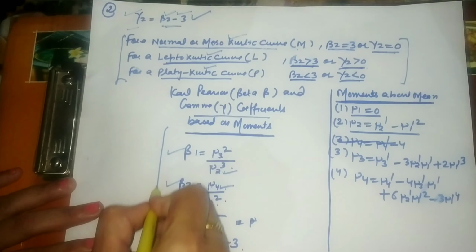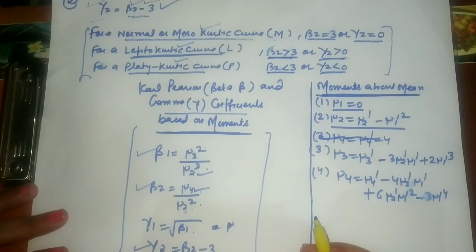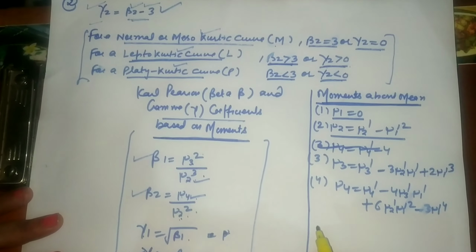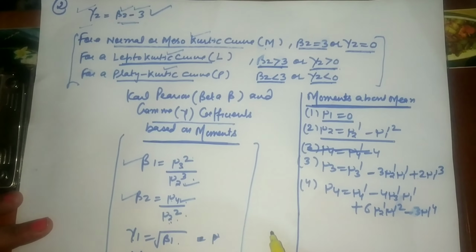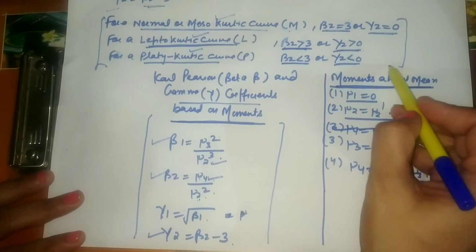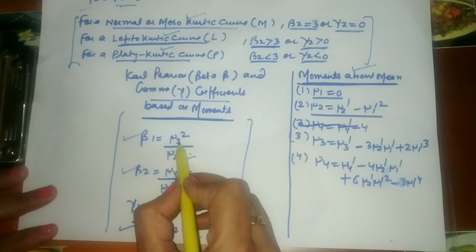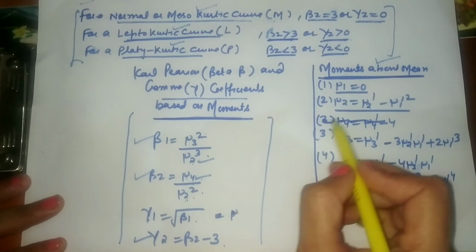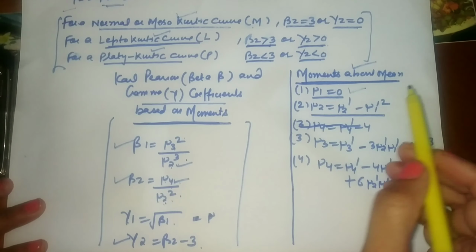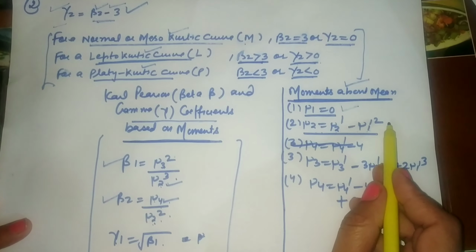These are the few formulas that will be used in the illustrations for calculating the moments. Whenever we are going to calculate the moments or kurtosis, we will use various formulas. If we have to calculate the moments about the mean, I have considered here mu 2, mu 3, mu 4. Mu 1 is always taken as 0 and mu 2 is mu 2 dash minus mu 1 dash whole square.